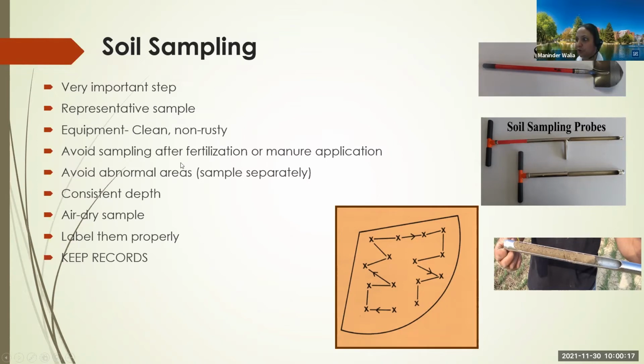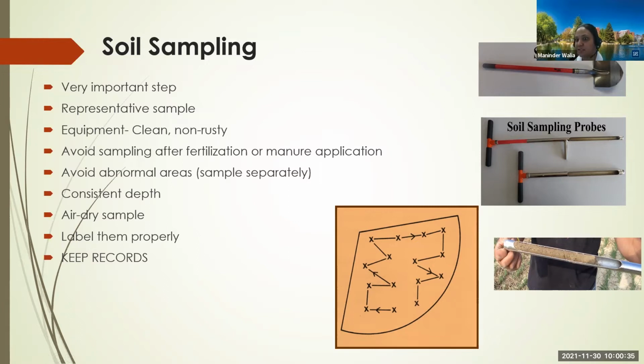Once we have all these parameters in place, it is important to look at the field from where we are going to sample. Soil samples should be collected by dividing the field into similar units or plots based upon the differences in the soil.